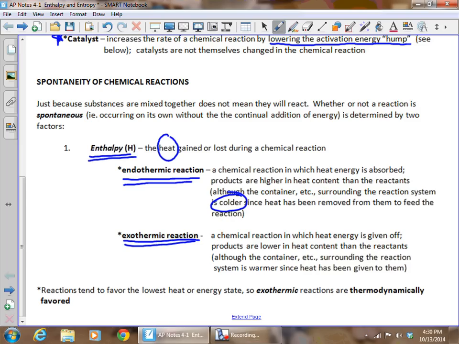They give it away to the container. So the container is going to heat up and be warmer since the heat has been given off to them. Reactions tend to favor the lowest heat or energy state, so exothermic reactions are thermodynamically favored, and that's very important to remember for some material that we're going to cover later. Exothermic reactions are thermodynamically favored.